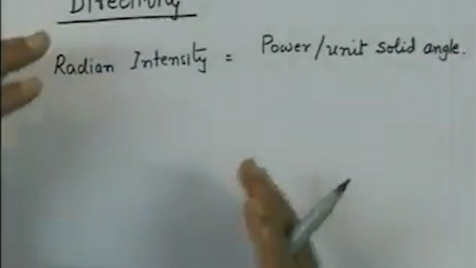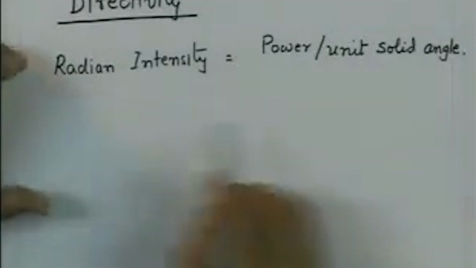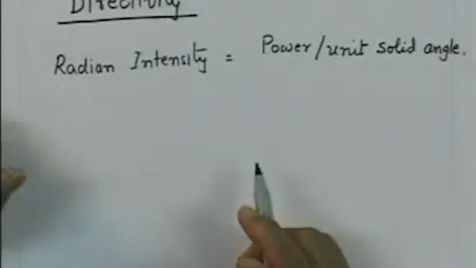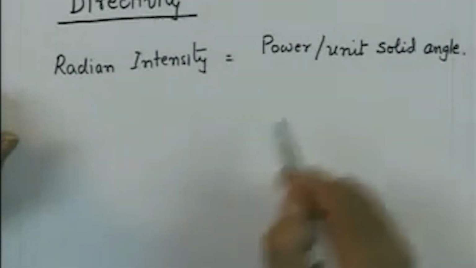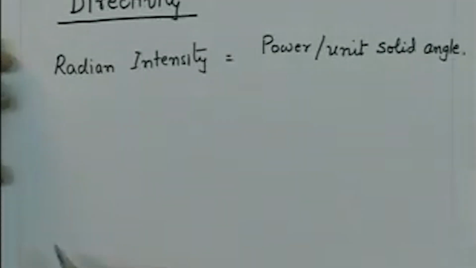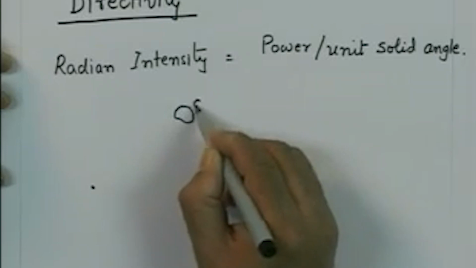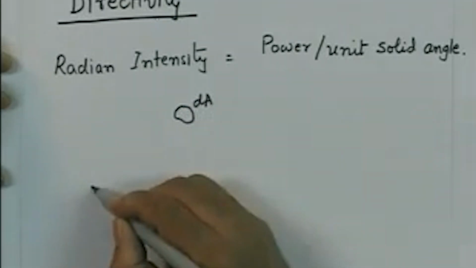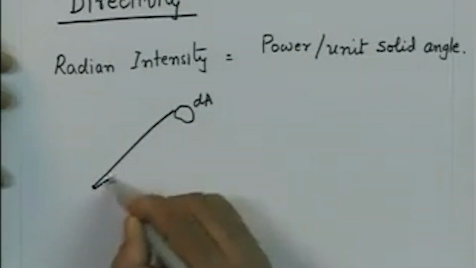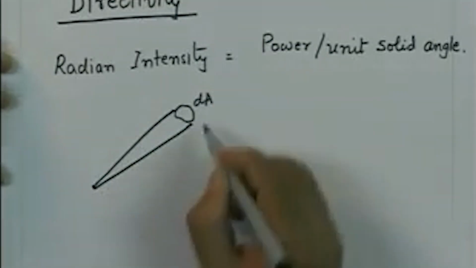If I calculate power in a given direction theta phi, then power divided by the area gives me the power density, and the solid angle for a given area is the area divided by r square from the antenna. So if the antenna was here, and I take some incremental area dA, that is the solid angle this area subtends at the antenna.